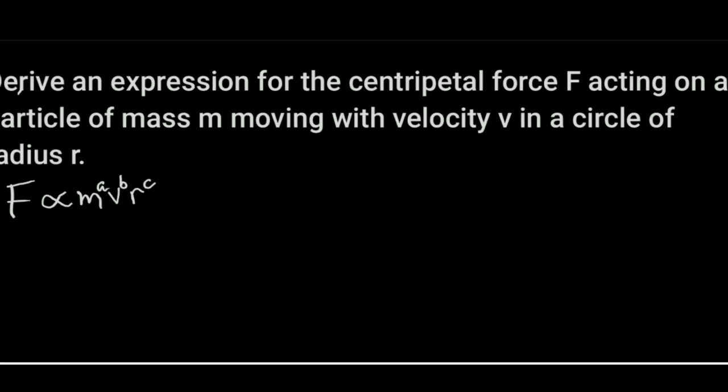So here our task will be on finding a, b, and c. But now it is very important that we change this symbol to an equal sign. Changing it to an equal sign comes with a constant k. So we'll have it as k times m to the power a, v to the power b, and the radius to the power c.